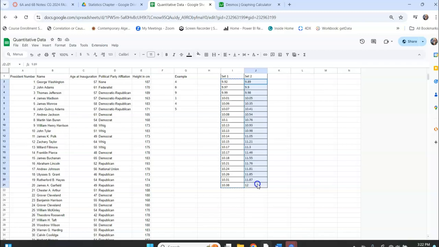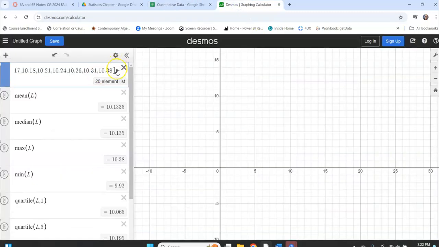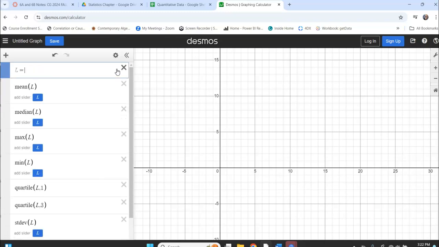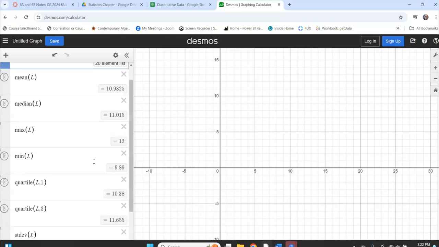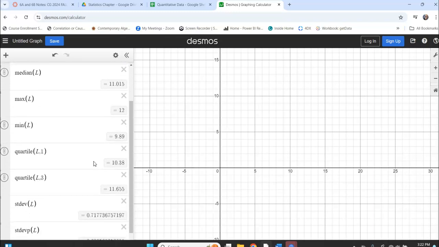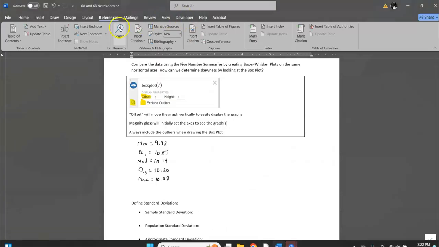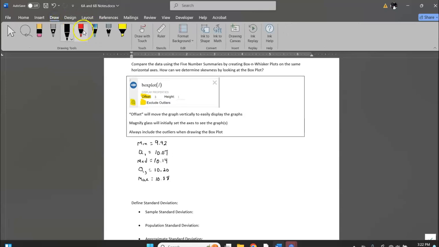and copy that, and then edit my line 1. Now it's changed all those answers. So now we have the median, which is 11.02.